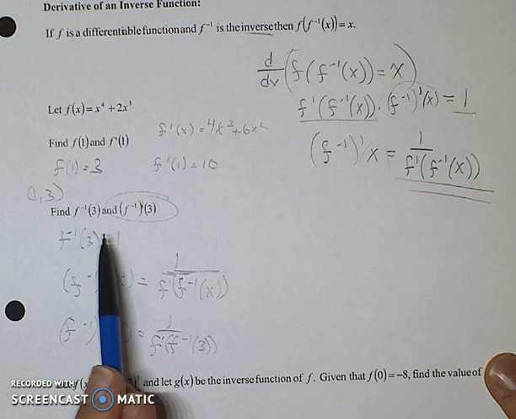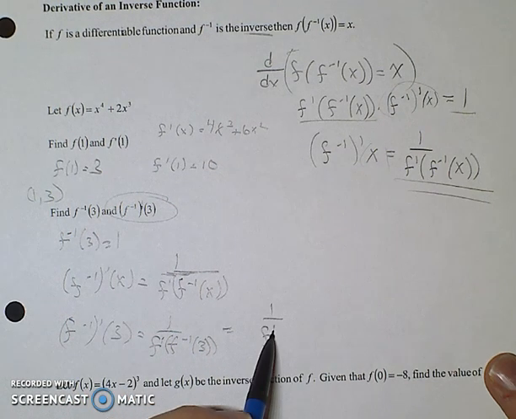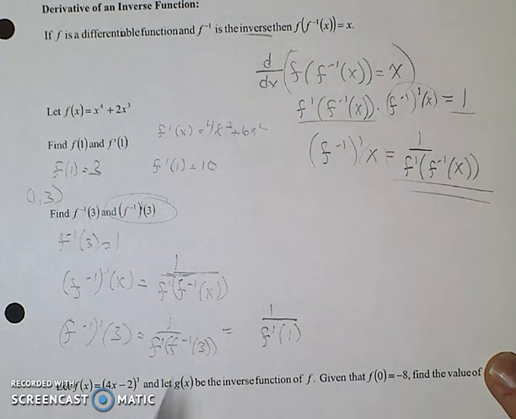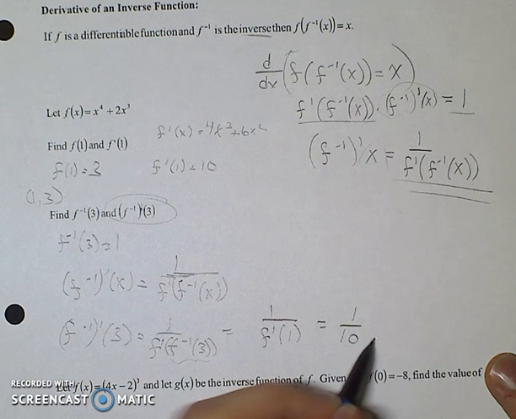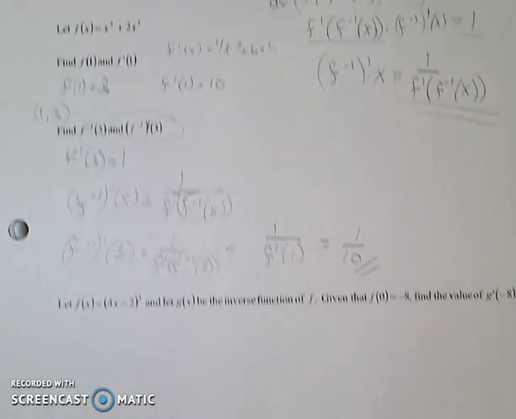Well, yeah, f inverse of 3 is 1. So I can say that that equals 1 over f prime of 1, because that's what this is, 1. And now do I know what f prime of 1 is? Yep, I found that up there. That was 10. So our answer would be 1 over 10 then. I know it doesn't look very useful, but that would be how you do it.